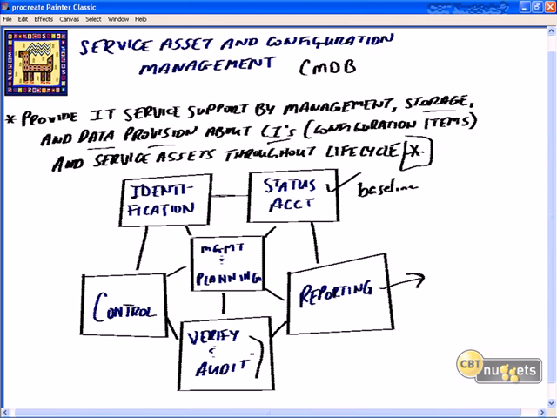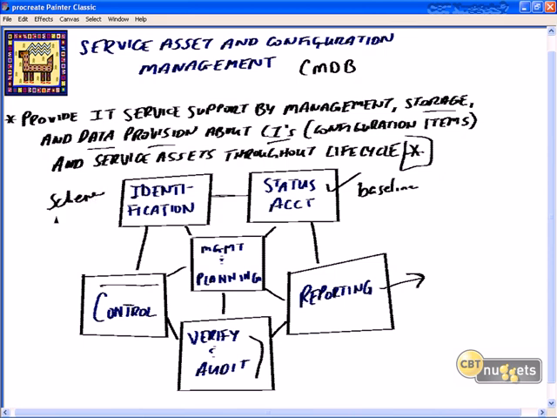Control is basically just the storage and modification of configuration data. This is the ongoing operation. Making sure that in this ongoing operation only the authenticated and authorized users as well as valid configuration items are actually being recorded. And identification is just basically having some type of scheme, okay?